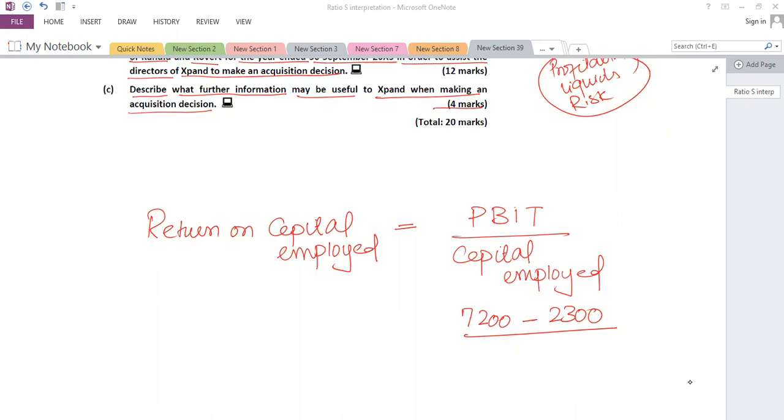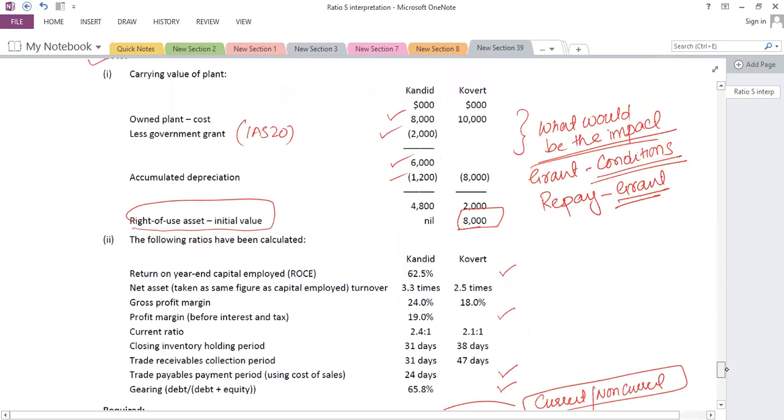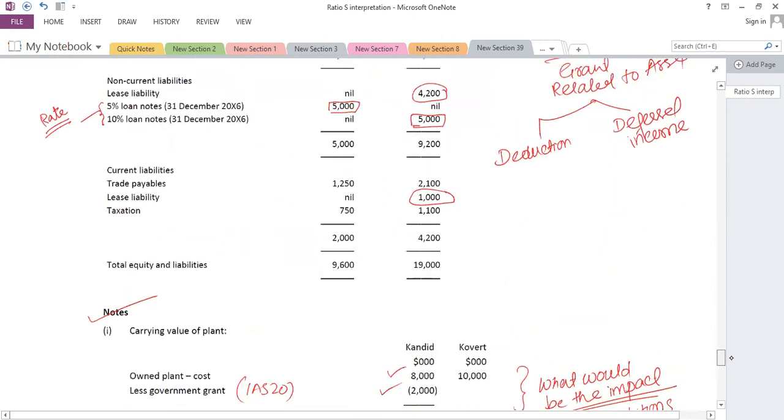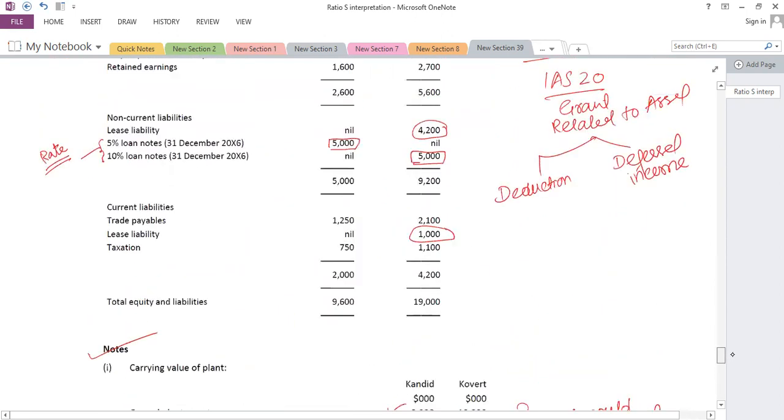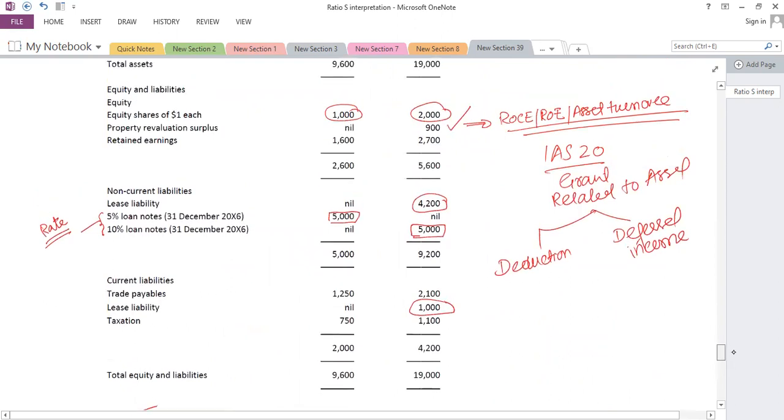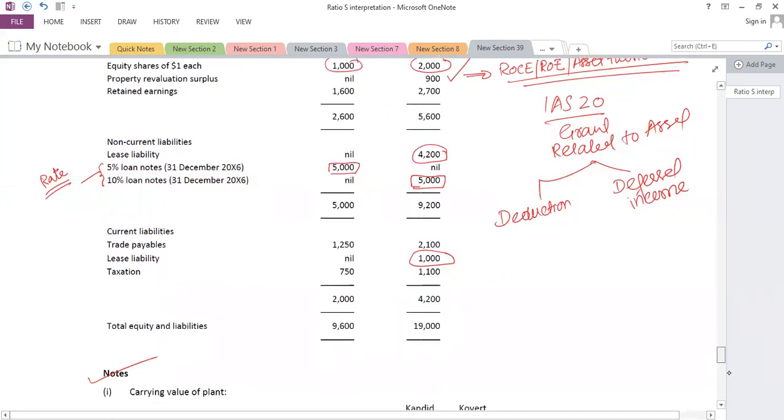So now we have to identify the capital employed. I can see I have information for shareholders' equity. The shareholders' equity is 5,600. 4,200 is lease liability, 5,000 is loan, and 1,000 is lease liability, right?